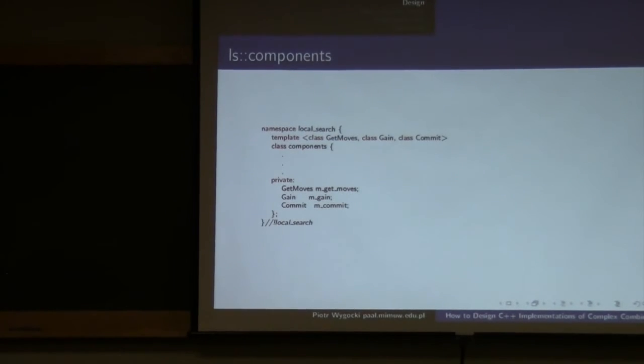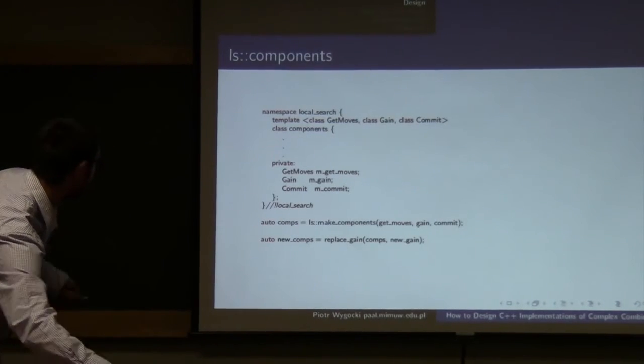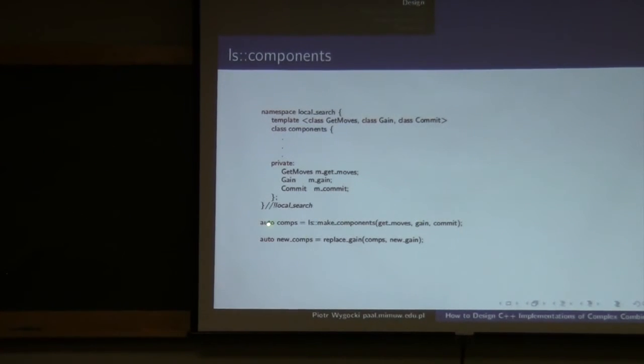So the first idea is to group them together in one class, but not as member functions. This class is actually a tuple, something like a tuple containing these three guys, but we can provide a nice interface for calling this, and a nice way of creating this component.